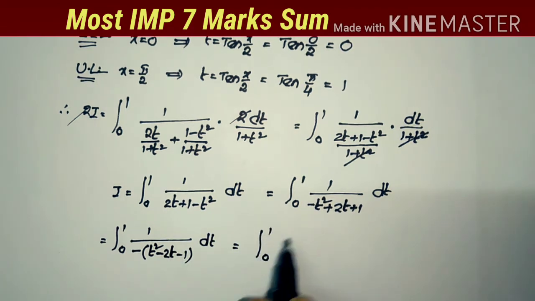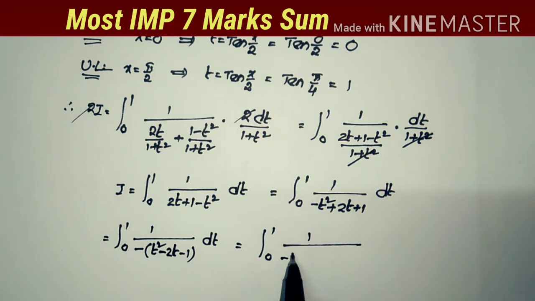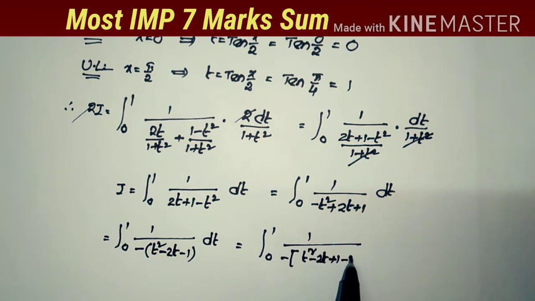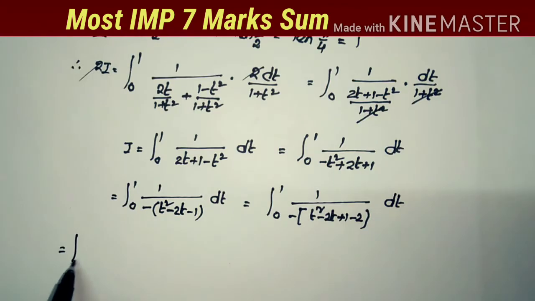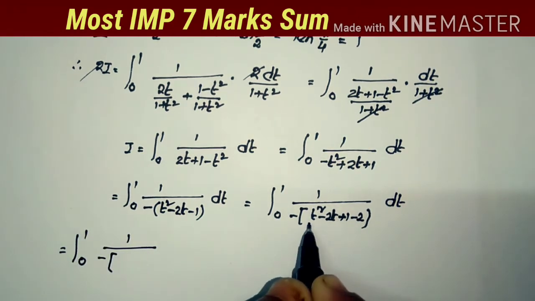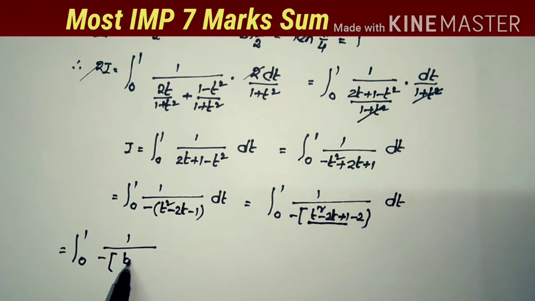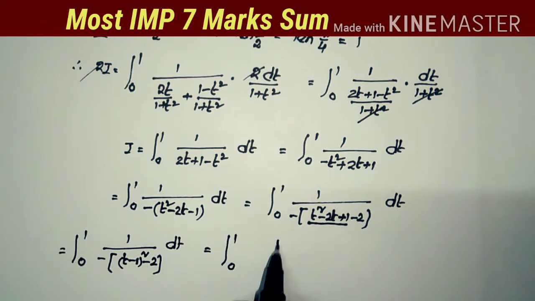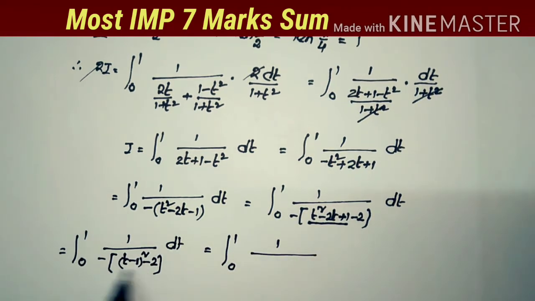And this equals the integral from 0 to 1 of 1 by minus of (t square minus 2t plus 1 minus 2), since minus 1 equals 1 minus 2, into dt. This equals the integral from 0 to 1 of 1 by minus of ((t minus 1) whole square minus 2) into dt, which equals the integral from 0 to 1 of 1 by, multiplying by the minus, 2 minus (t minus 1) whole square into dt.